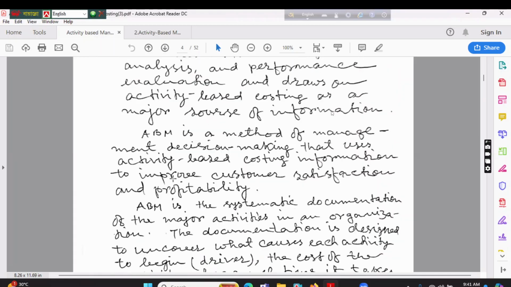Another definition: activity-based management, ABM, is a method of management decision-making that uses activity-based costing information to improve customer satisfaction and profitability.